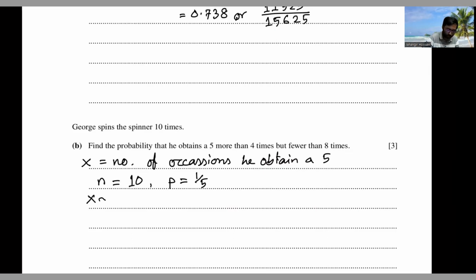So it follows a binomial distribution. The number of occasions he obtains a 5 is more than 4 and less than 8, so it can be 5, 6, or 7.